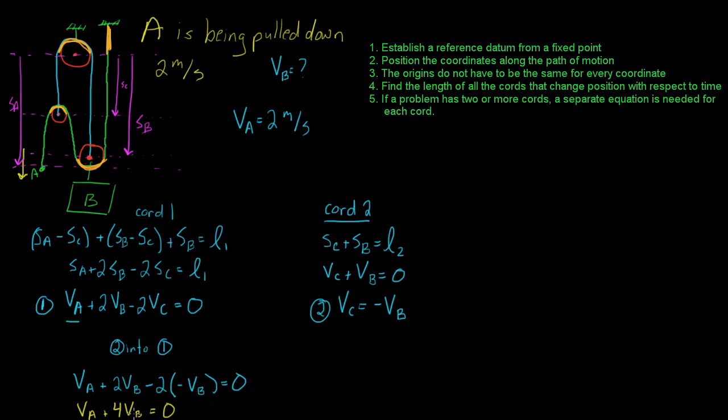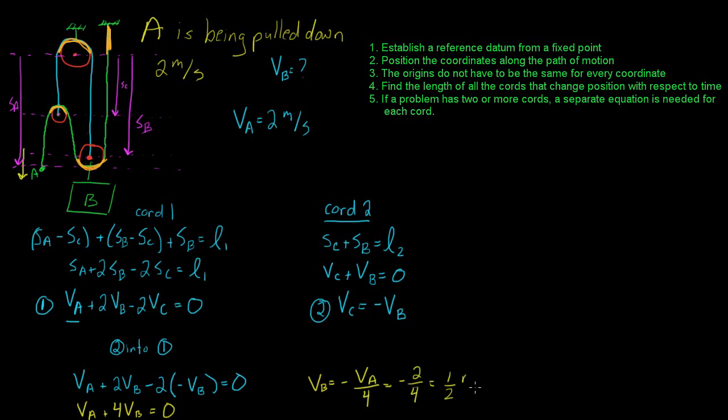So if we solve for VB, we get VB is equal to minus VA over 4. And VA is equal to 2, so minus 2 over 4. And this is equal to minus 1/2.